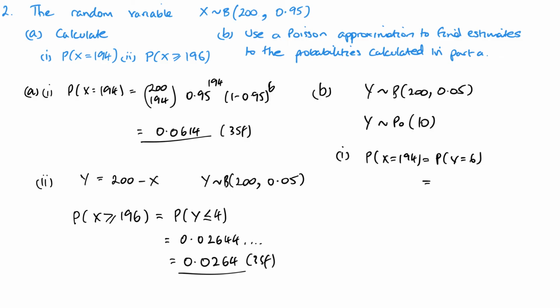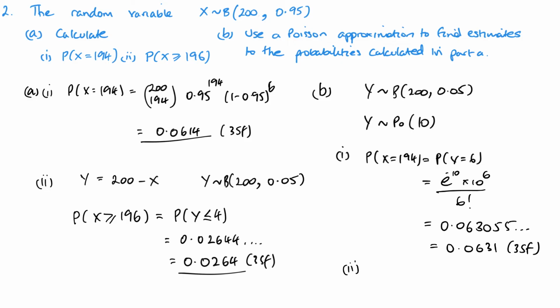So that is e to the power minus 10, isn't it, times 10 to the power 6 over 6 factorial. And that gives me 0.06355 and so on, which is 0.0631 there to 3 significant figures. So pretty close to our first answer.